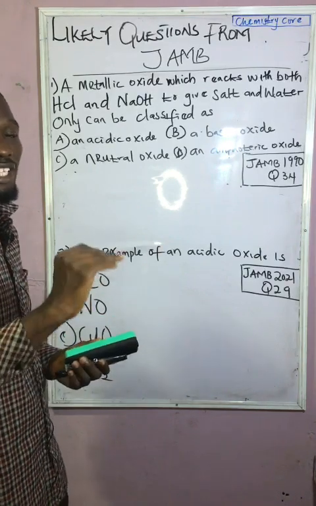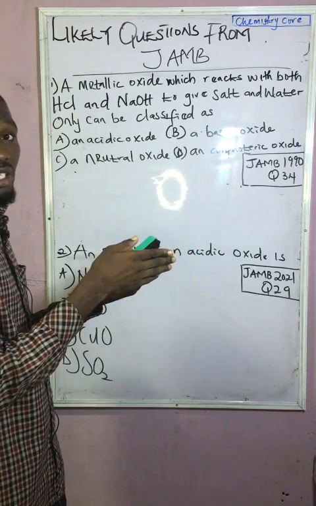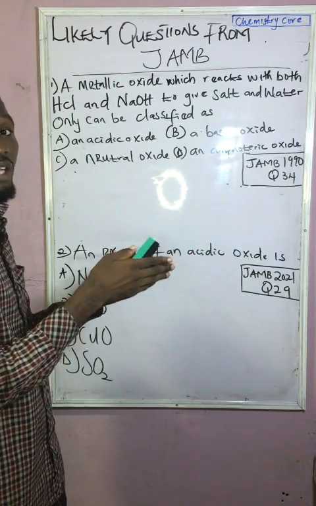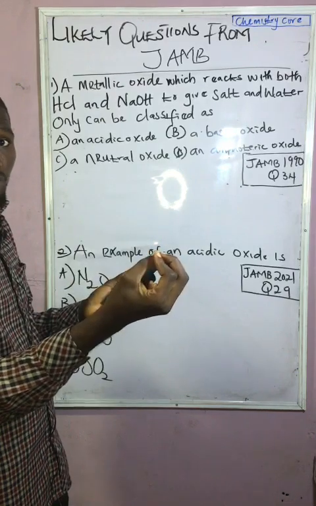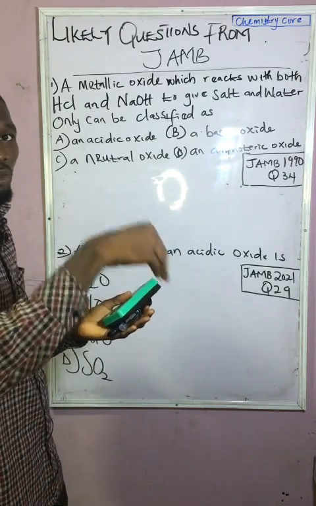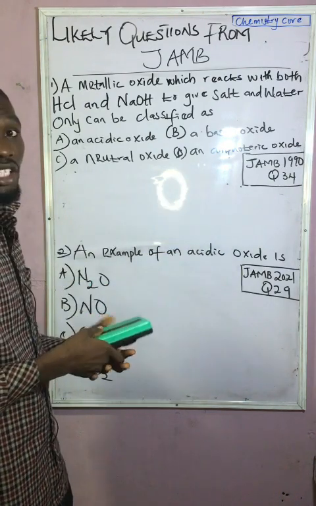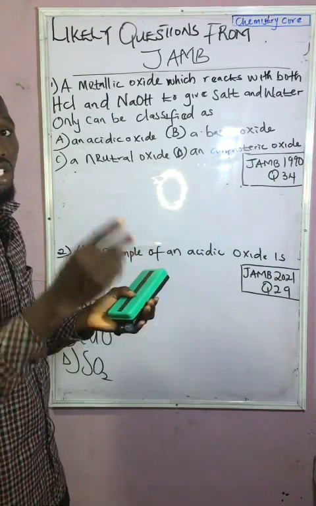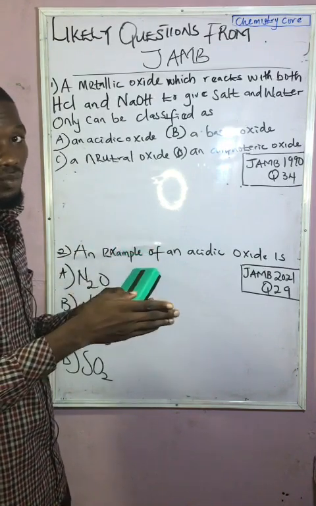Yesterday I told you guys that for every basic oxide, when they react chemically with water, they produce a base, but the strength of the base depends on the compound itself. But for every amphoteric oxide, when they react chemically with water, they produce either an acid or a base.